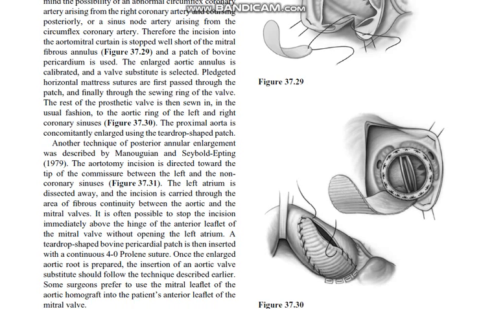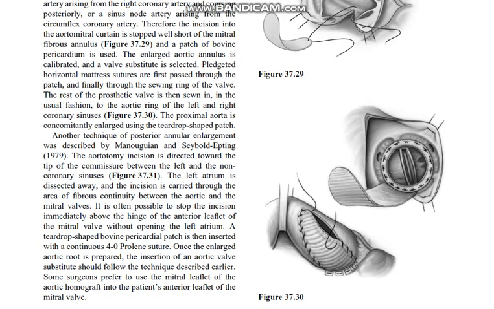You see the figure 37.30, and then how the aortotomy is sewn with the patch of the continuous in Nicks procedure. The proximal aorta is concomitantly enlarged using the teardrop-shaped patch.